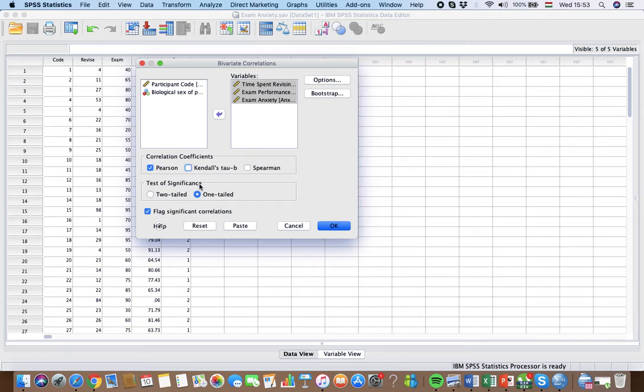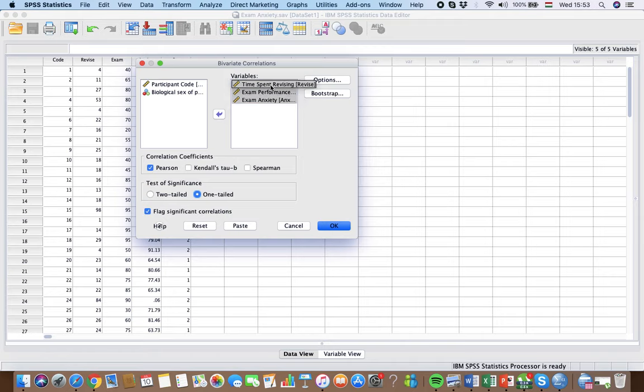The test of significance also has two options, two-tailed or one-tailed. You choose a one-tailed test when you have a directional hypothesis about your variables, how you think they are related. For example, here we think that the more anxious someone is about the exam, the worse their mark will be. Okay, so the more anxious you are, the worse you will perform on the test.